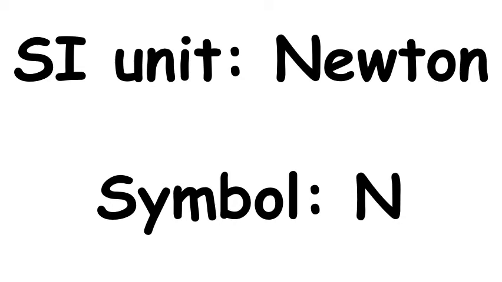So, Newton, capital letter N. And remember, it has to be a capital letter N, not a small letter n. It is named after a very famous scientist, Sir Isaac Newton, and we will be mentioning some important theories of his very soon, because Newton contributed a lot of important theories in both mathematics and physics, but in our case, we'll be seeing a lot of his theories in physics.